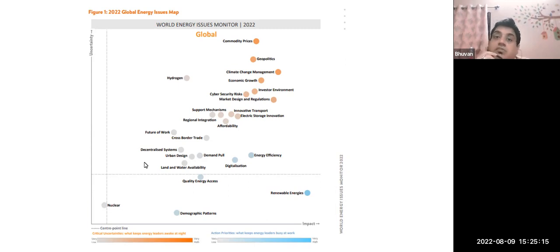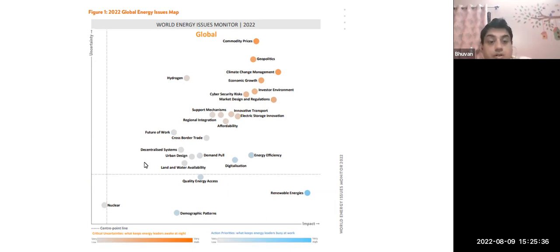Even in India, we can see commodity prices rising sharply. It is because of the global scenario; the war scenario is playing a major role in that. Geopolitics is also playing a major role, and that is also a major global energy issue.